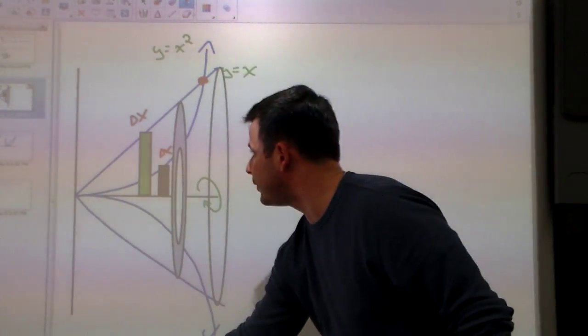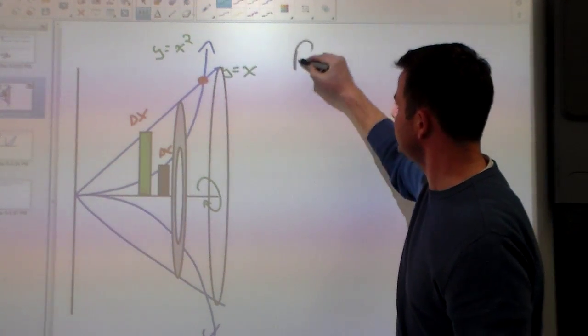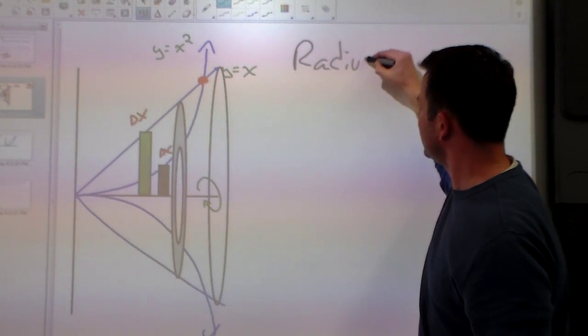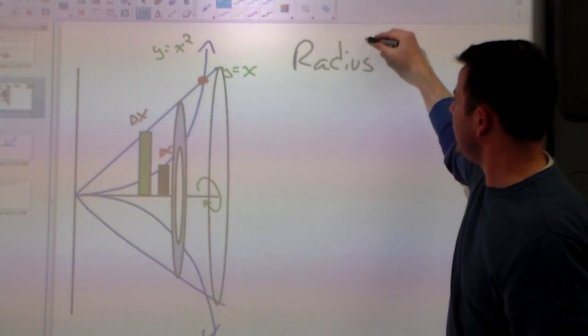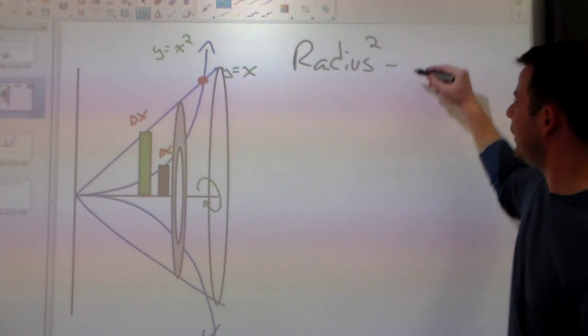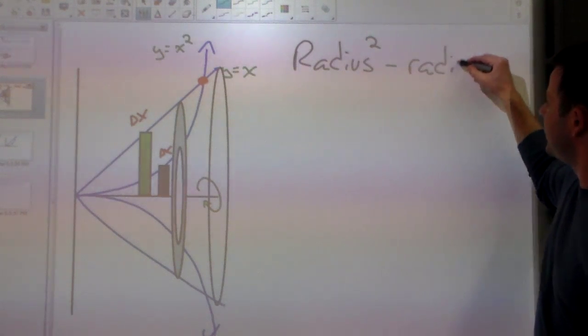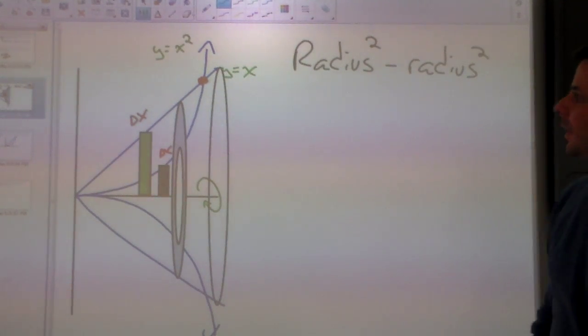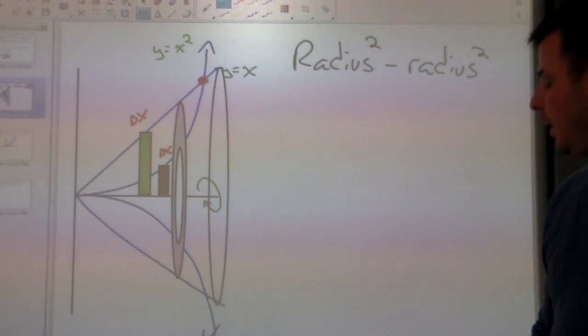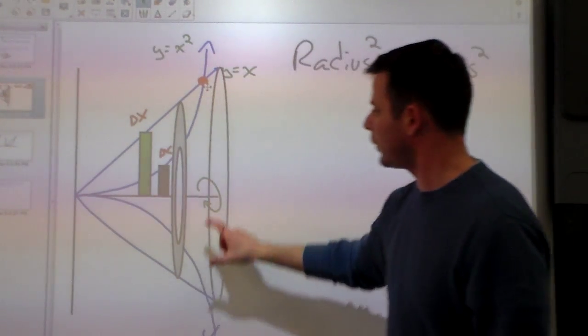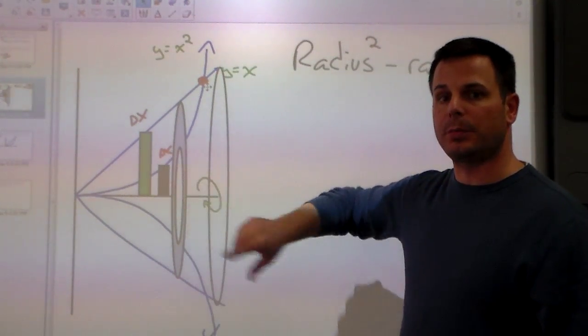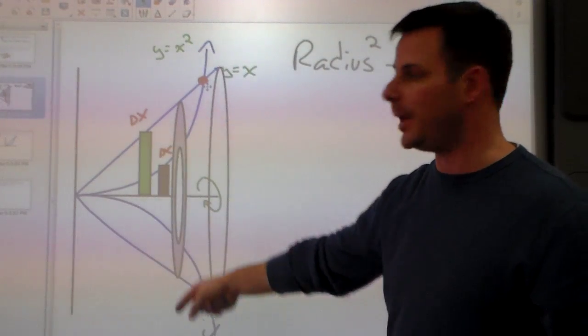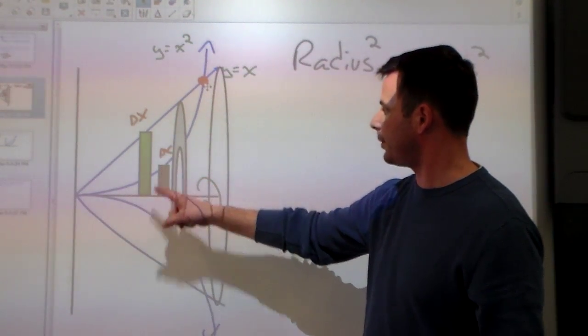So the formula for washers is outer radius minus inner radius. It's as simple as that. In order to create that hole, you're subtracting the volume that's being removed by that second curve.